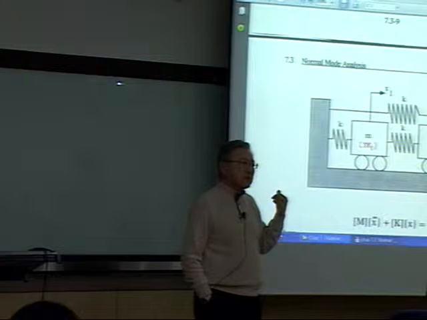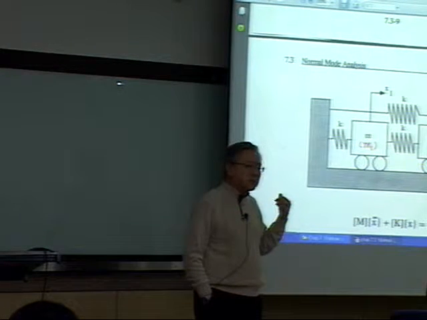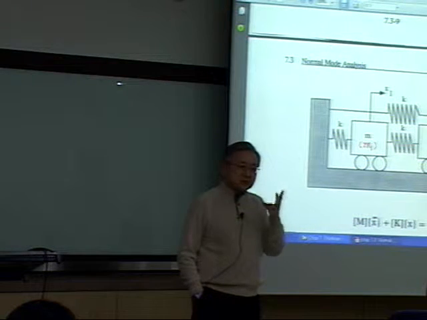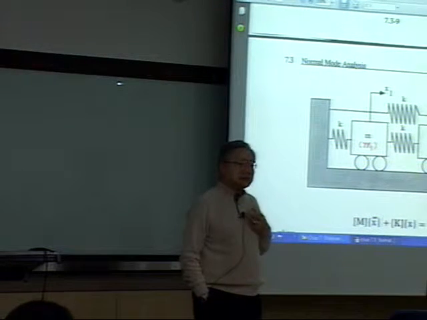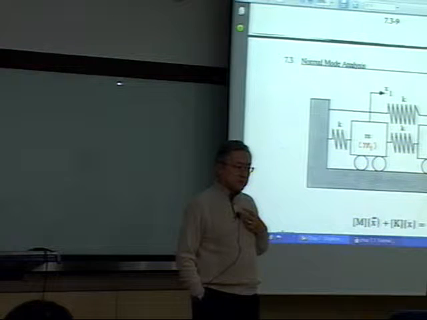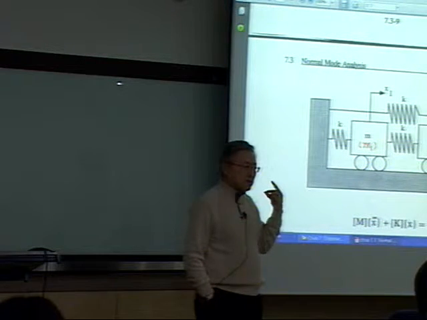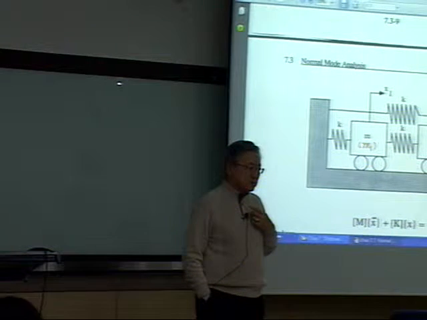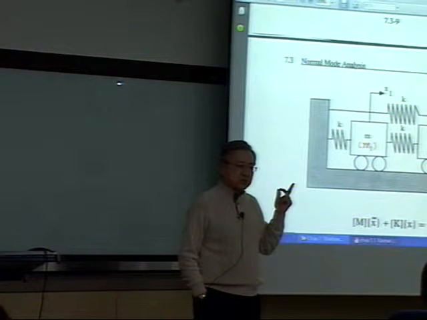So to define the motion completely for this particular system, you need 2 independent coordinates, which are x1 and x2. So this is a planar system.